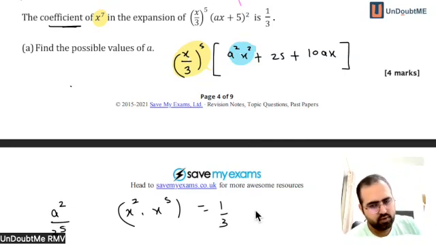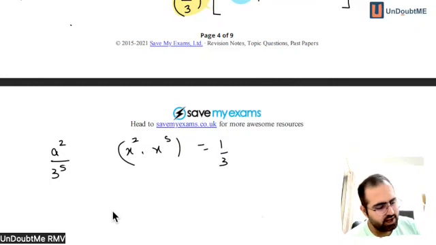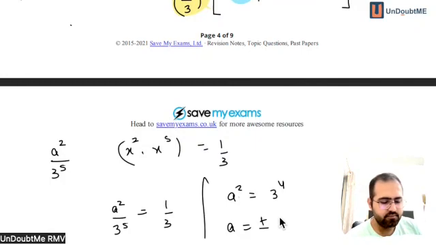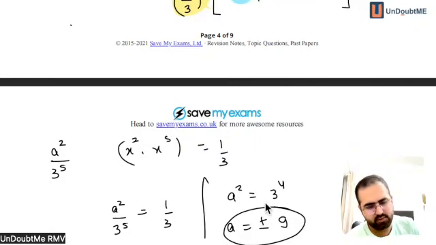So I can solve ahead from here, and I'll get a square by 3 to the power 5 is equal to 1 by 3. That will give me a square is equal to 3 to the power 4, and a is equal to plus minus 9. 3 square, plus minus 3 square, that is plus minus 9.